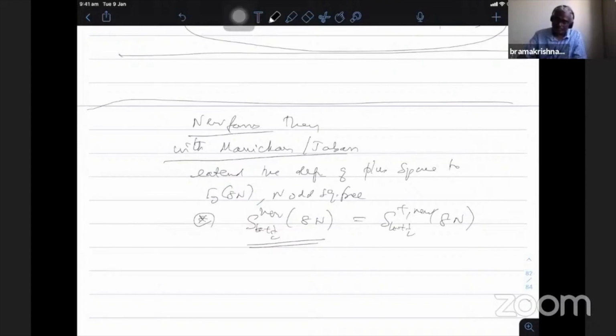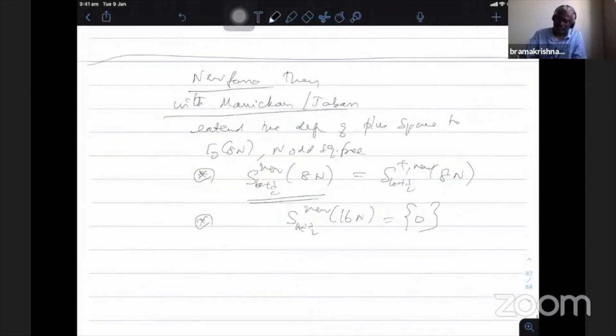Another thing we showed is that the dimension of S_{k+1/2}^{new}(16n), again for n odd and square-free, is equal to 0.